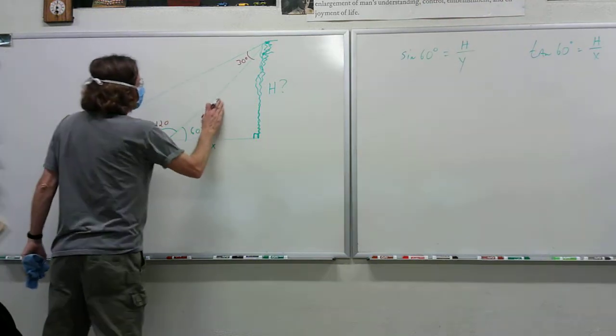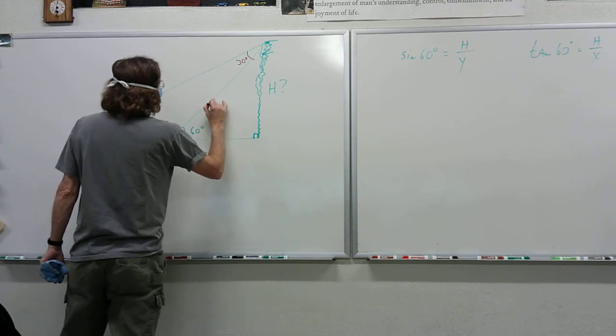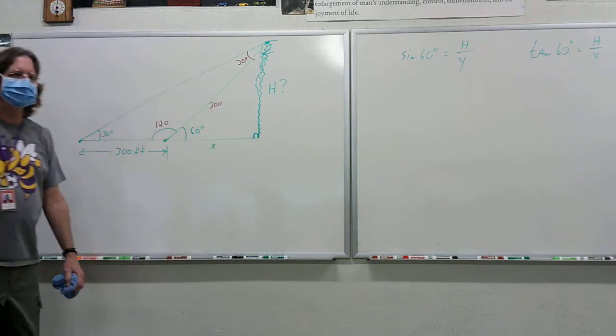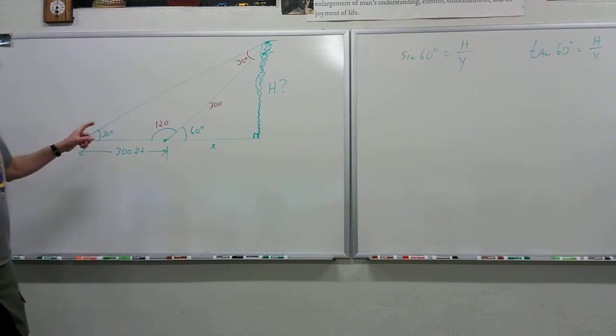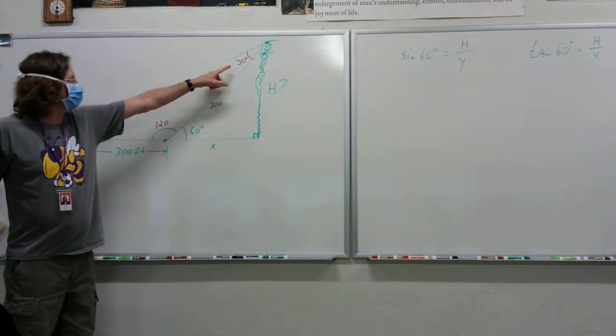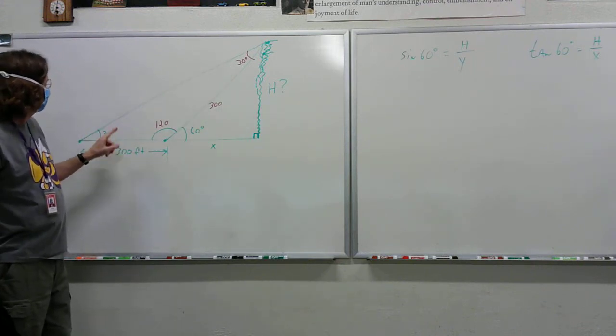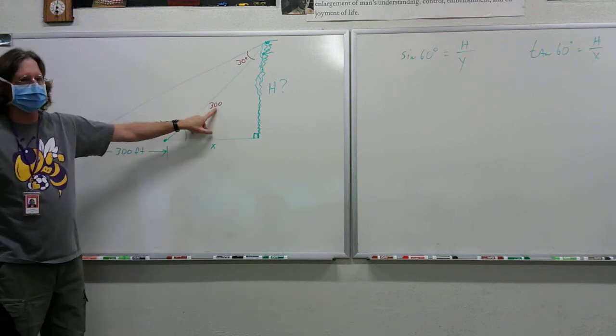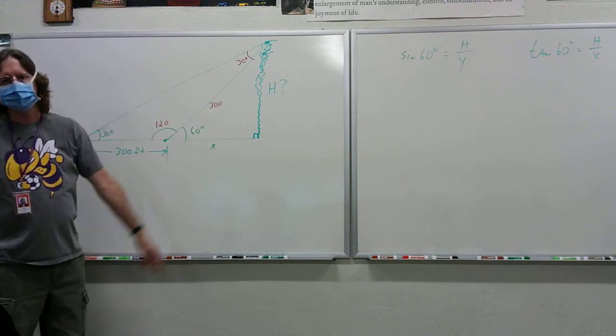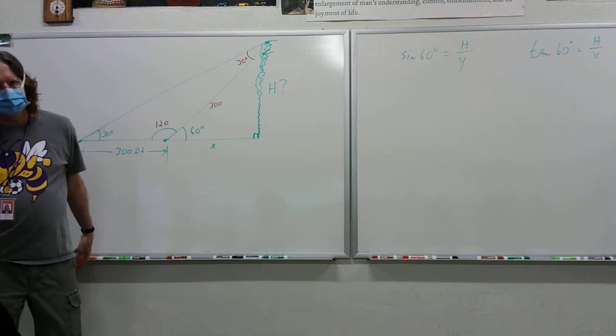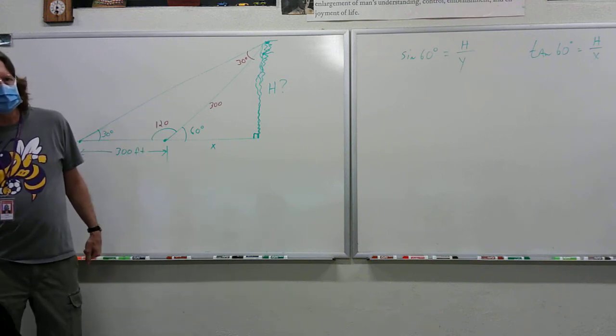Okay, I meant to draw this to where you would have to use the law of sines. I meant for you to have to do sine of this angle over 300 equals sine of this angle over what? This side over here. I meant for you to have to use law of sines there. I didn't make a very good problem, did I?